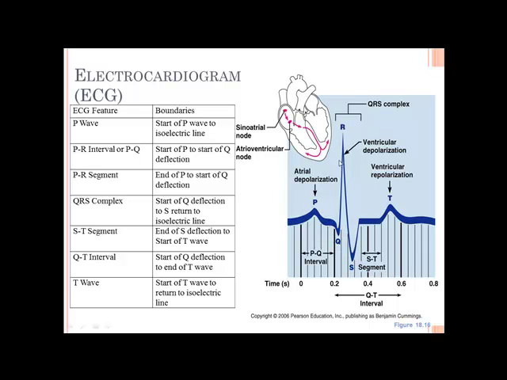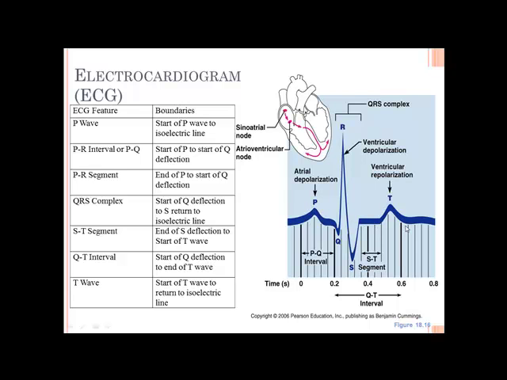Our QRS complex is going to be from the start of our Q deflection all the way until we have this S return to the isoelectric line. We get our ST segment, which is going to be the end of the S deflection until the start of the T wave. Once again, our flat spot. And then we get our QT interval, which is the start of the Q deflection until the end of the T wave. And then we get our T wave, our last little blip here.